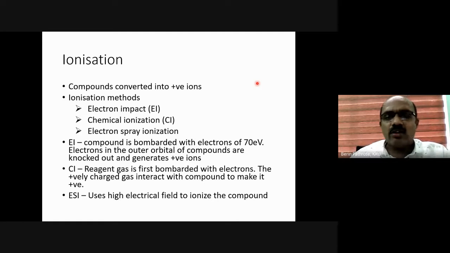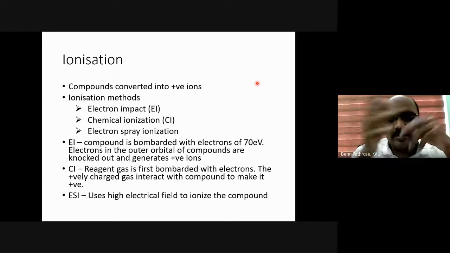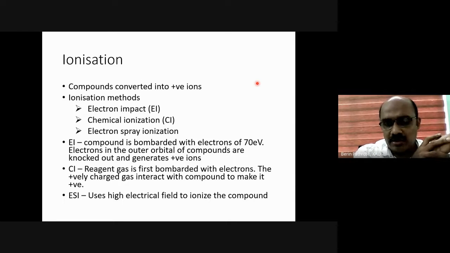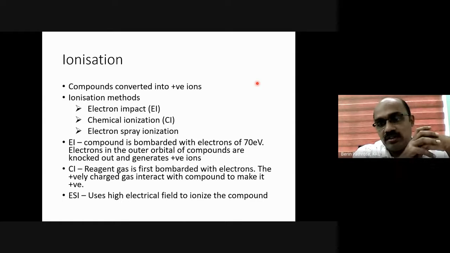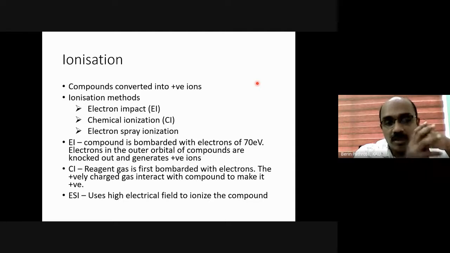In electron impact ionization, the compounds coming through the column will be bombarded with electrons of 70 electron volts. Yesterday I shared a video in Moodle. If you have seen it, you can understand why 70 electron volts is chosen, because it is the energy at which all the compounds can be easily broken down.